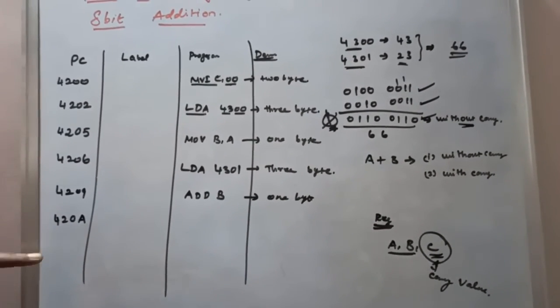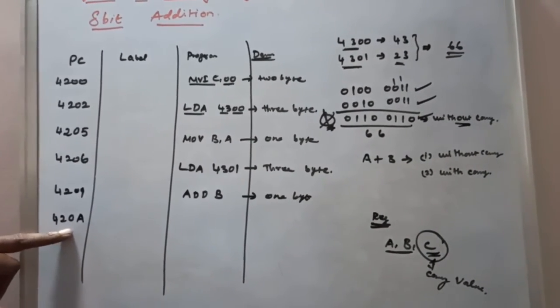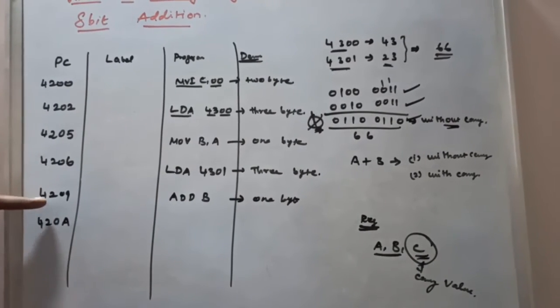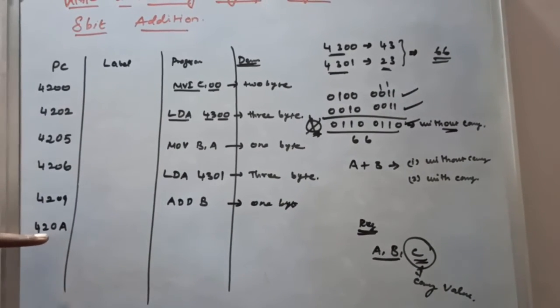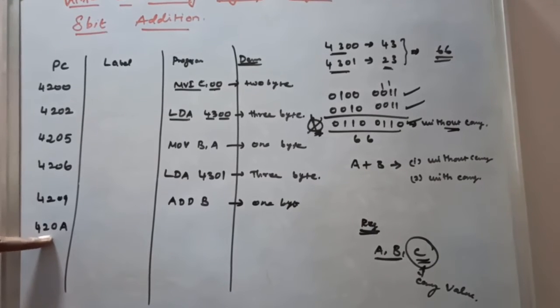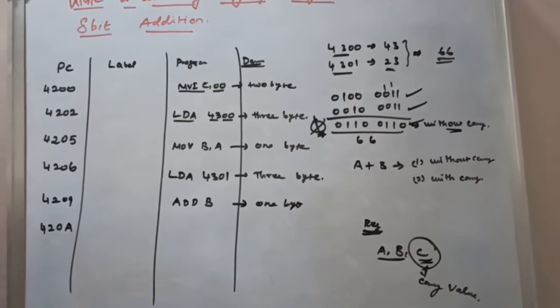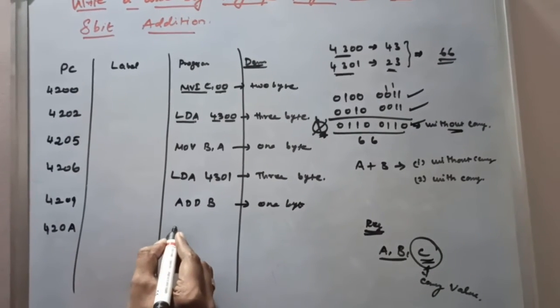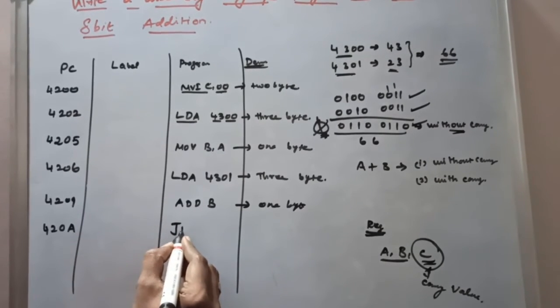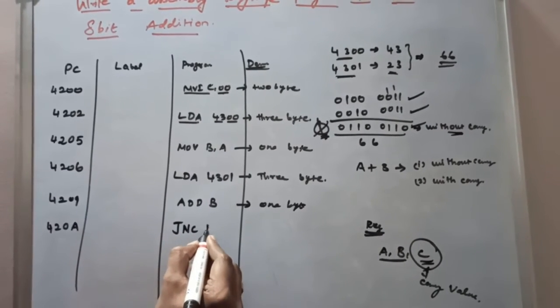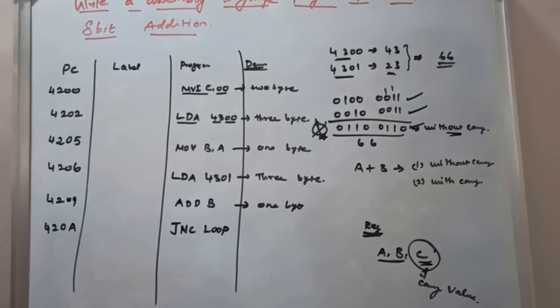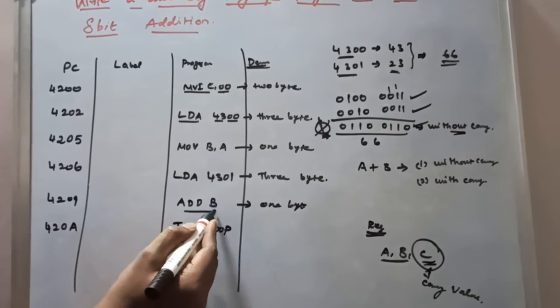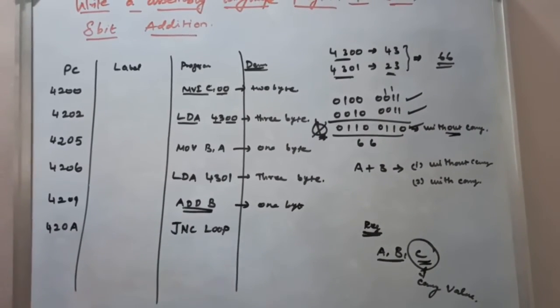Next one, 420A. So here it represents a hexadecimal value only. So after 4209, you can't pass 4210; you use the hexadecimal value. So 420A. In this instruction, you can check the condition. So JNC loop. In this addition function, it produces two possibilities of output.